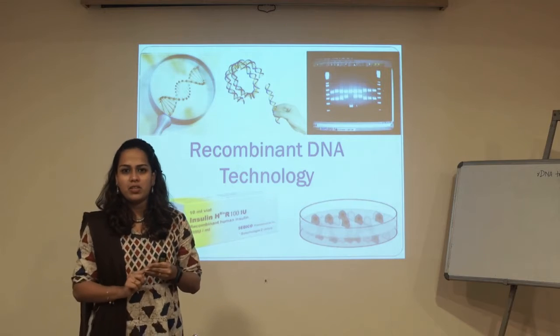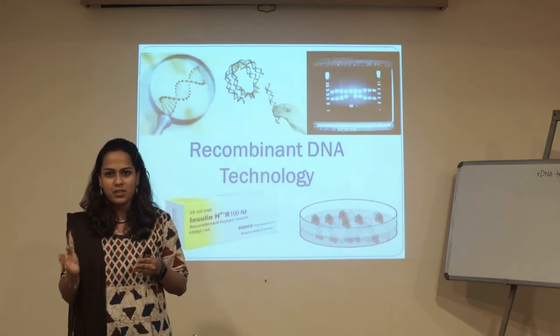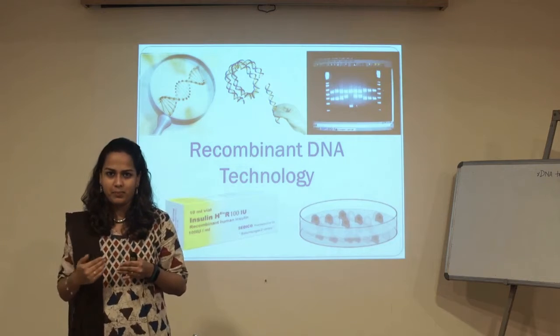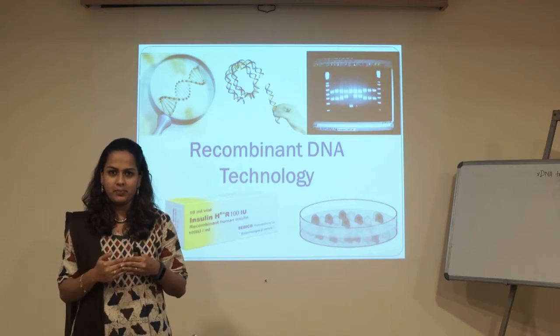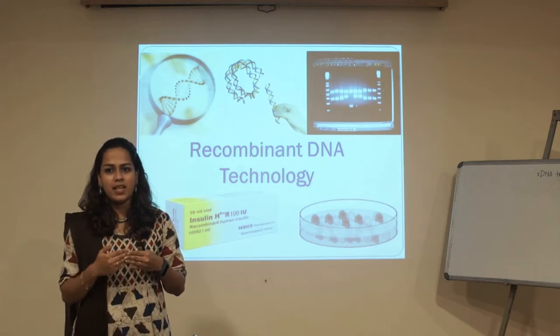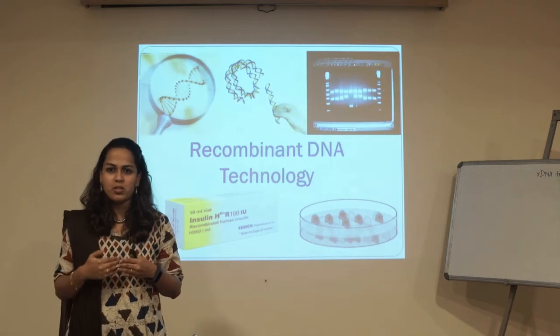Just like I mentioned, you need three different things to carry out the cloning process. First is your gene of interest. Second, you select a proper vector for the process, and third, you select a proper host for the process.